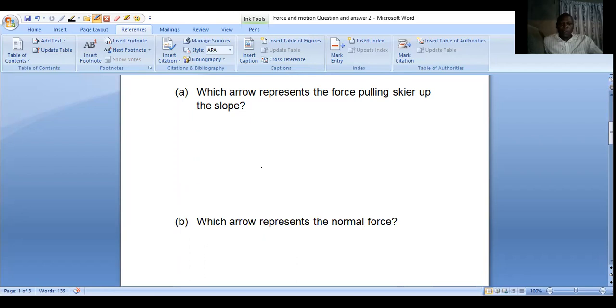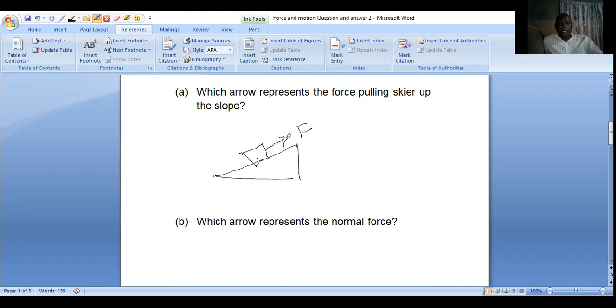So I'm going to represent it here. If you have a slope, and then you have a mass. Say this mass is being pulled upwards with a force.